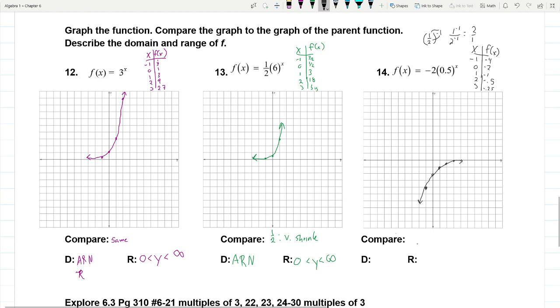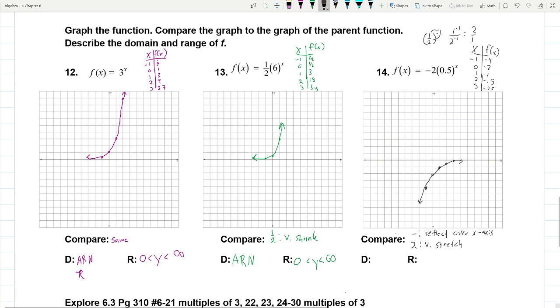All right, and so if we compare these, the first thing that we notice is that the negative tells us that we reflected over the x-axis. And that 2 means that we had a vertical stretch.